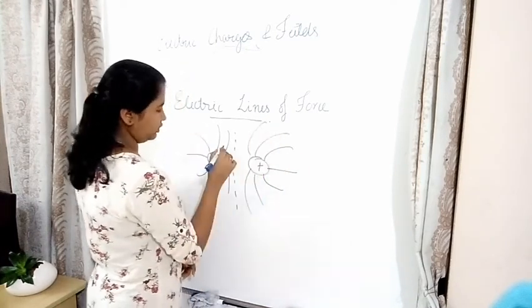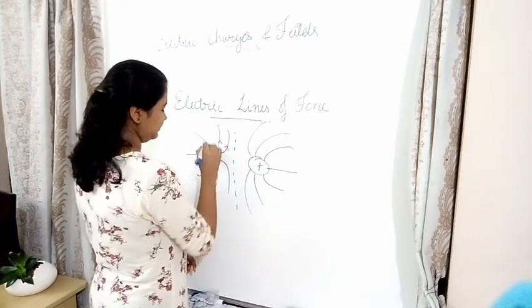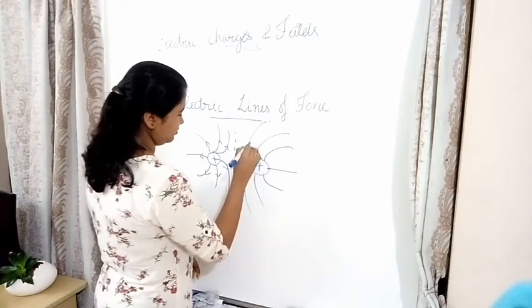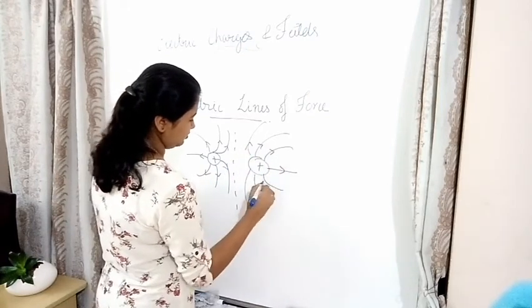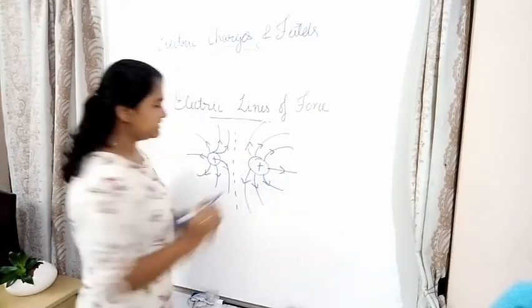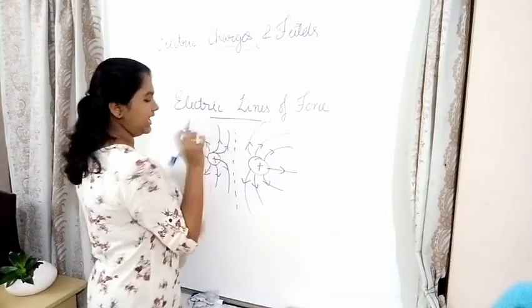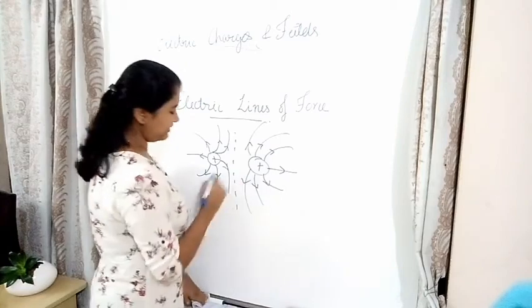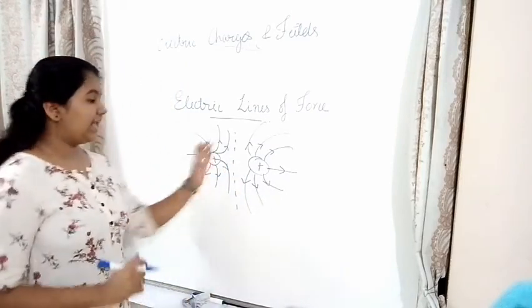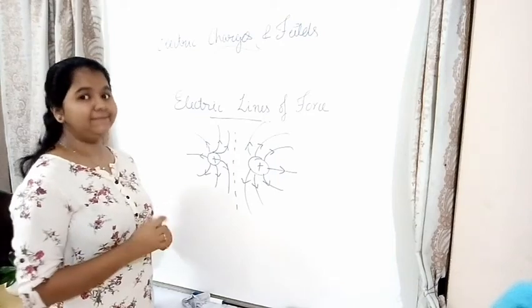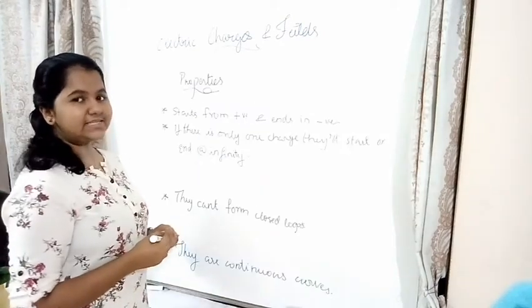So over here it will become like this. What does this show? Like charges repel. This is the field line representation of like charges coming together. Now we'll discuss the properties of electric field lines.